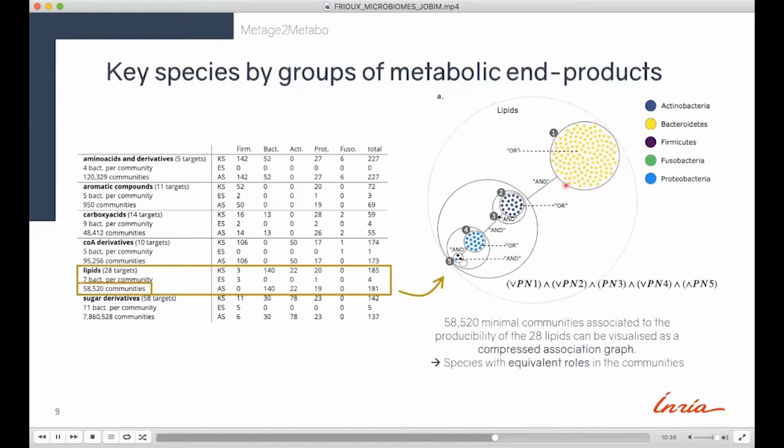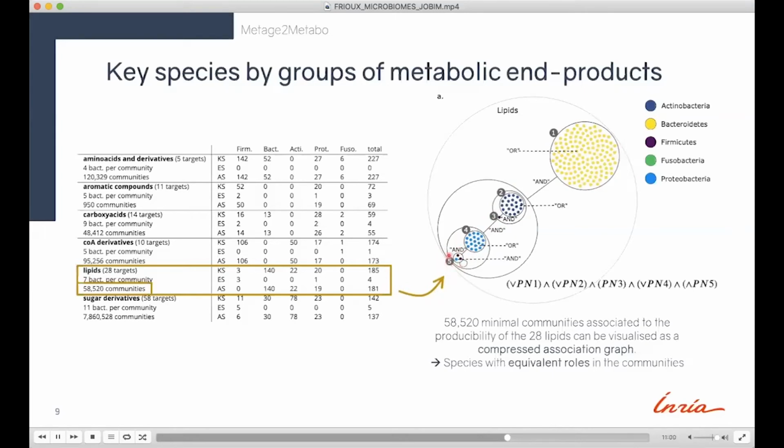For the example of lipids, we have 58,000 communities, and each of them is composed of one species from node 1, one species from node 2, one species from node 3, which is an essential symbiont, one species from node 4, and the 3 species from node 5, which are also essential symbionts.